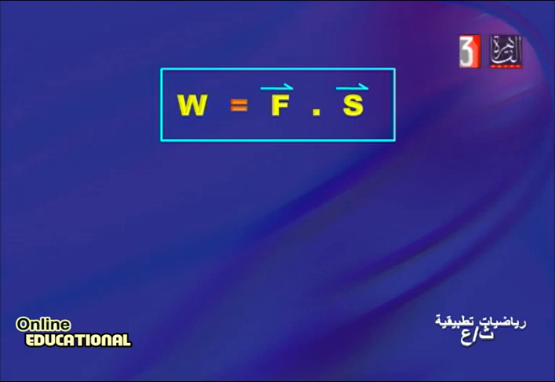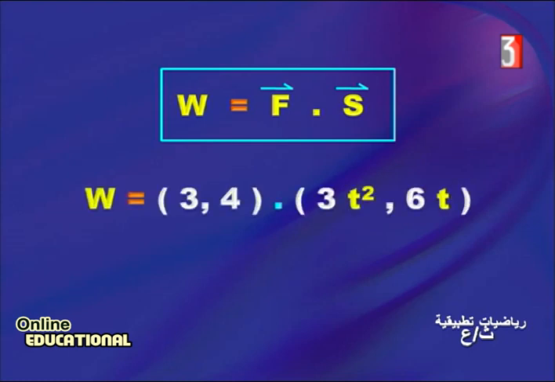We have studied before that the work W equals vector F dot vector S. Vector F is 3 and 4, dot vector S, 3t² and 6t. Then the work equals 9t² plus 24t.